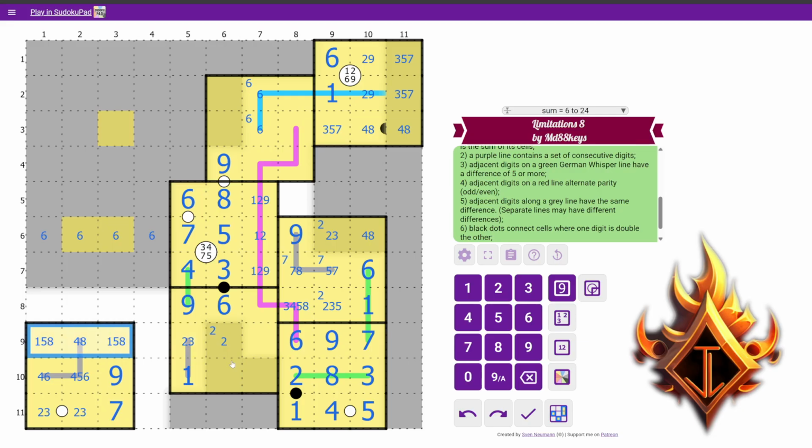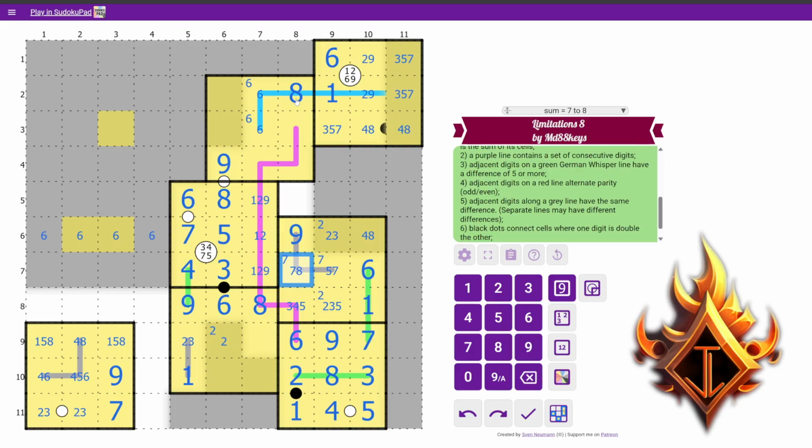Oh, 8 is not there. 8 is now right there.